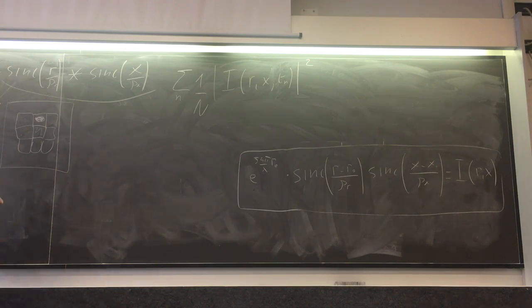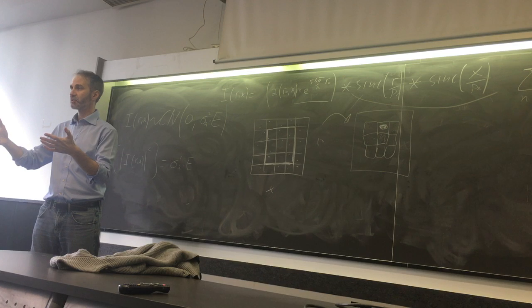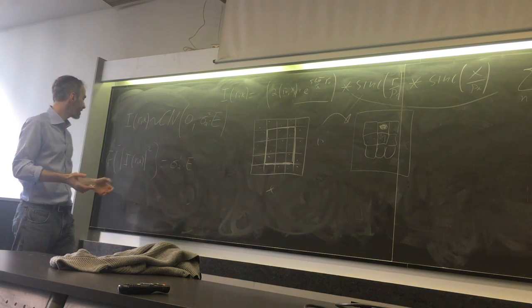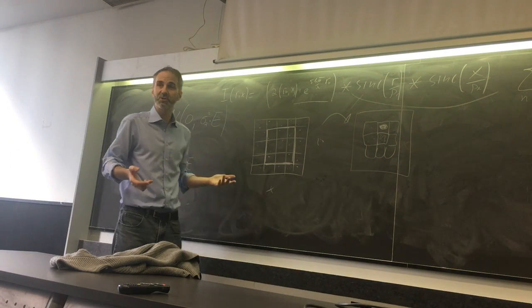Or what I can do, I can accept to sacrifice resolution, spatial resolution, and take the average in space. So I take the absolute value of this pixel and I average it.